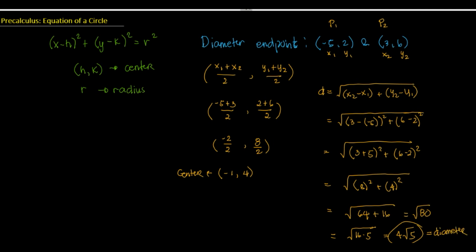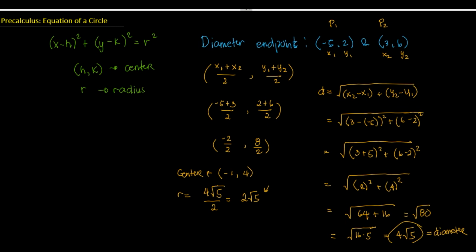How to solve for the radius? As I've mentioned earlier, radius is just half of the diameter. We are just going to divide it by 2. 4 square root of 5 over 2, that is equal to 2 square root of 5. This is going to be our radius. With that being said, we would now be able to form the equation of a circle.